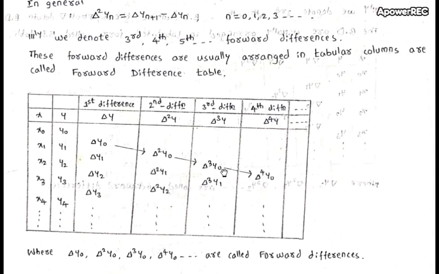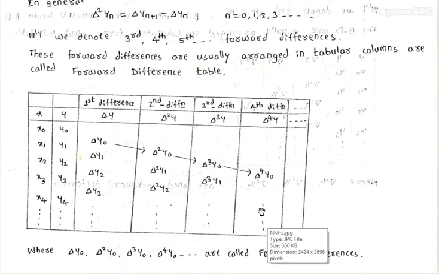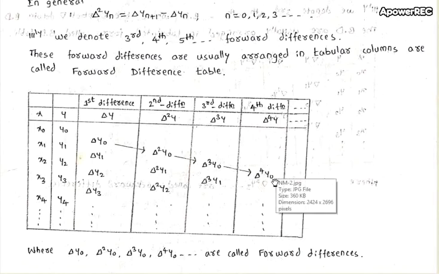Similarly, third differences: subtract triangle square y1 minus triangle square y0, which gives triangle cube y0, then triangle cube y1 and so on. Continue the same process till we get a single value in the last column. So this table is called a forward difference table.